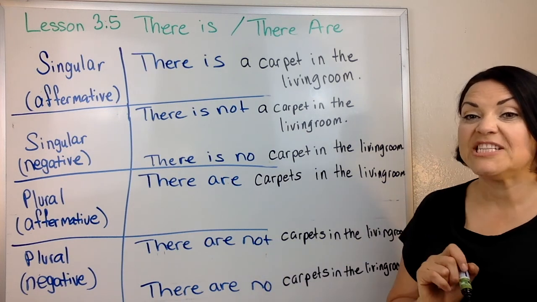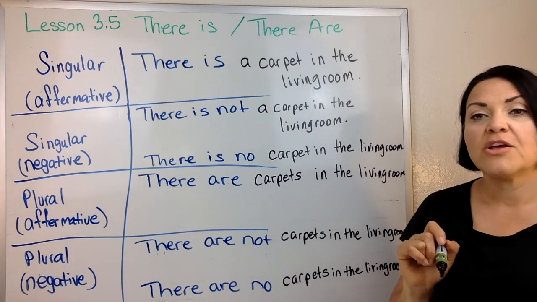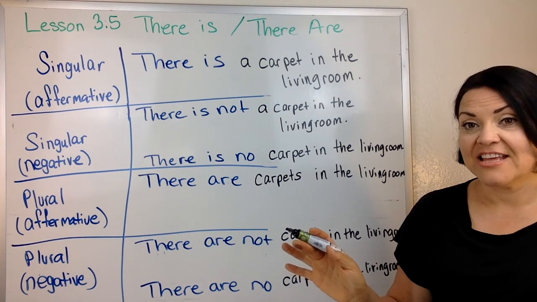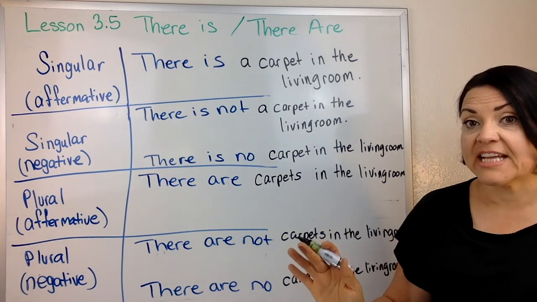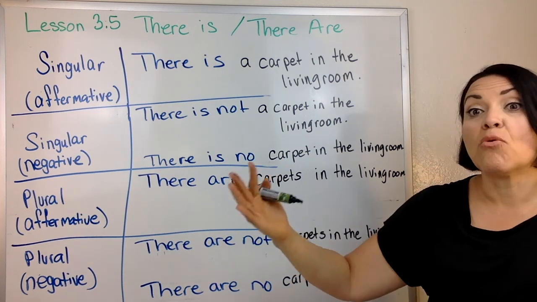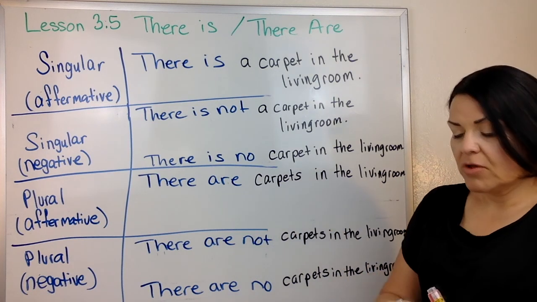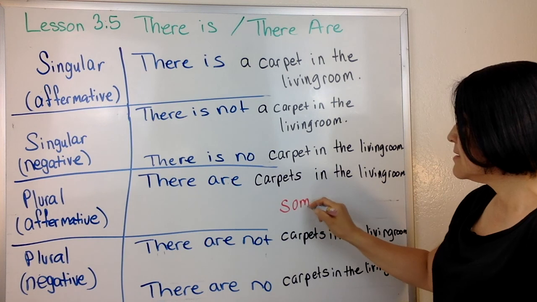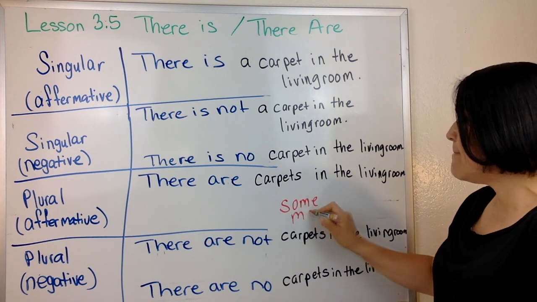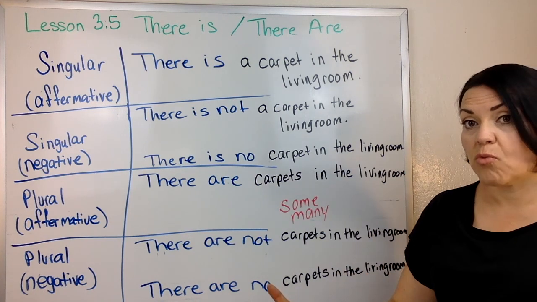This one we would need to fix so it would sound correct. We would use the word any, because any is telling us that it's negative, but it means more than one, right? Just like when we say the word some, we use the word many. Okay, it tells you there's more than one.